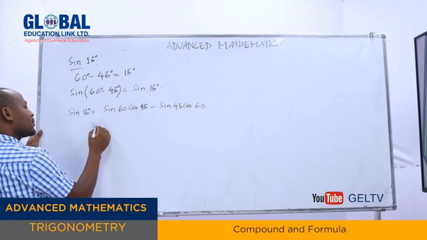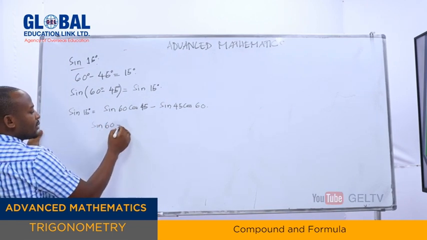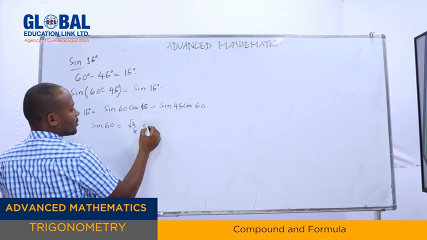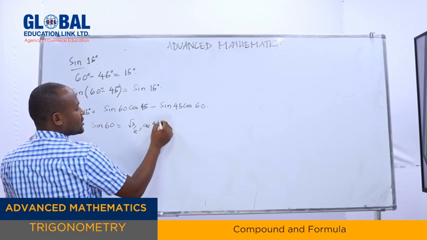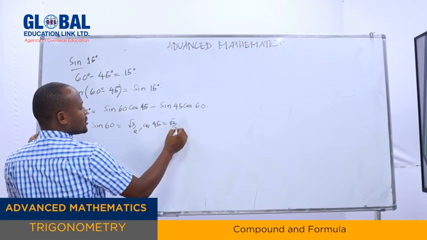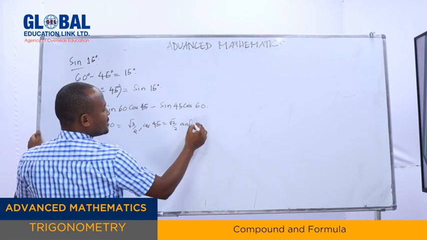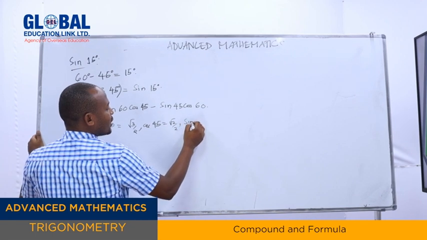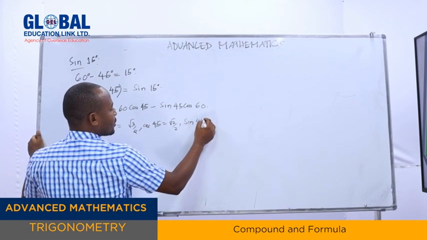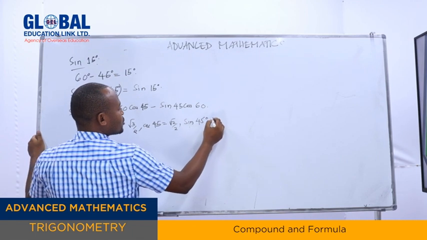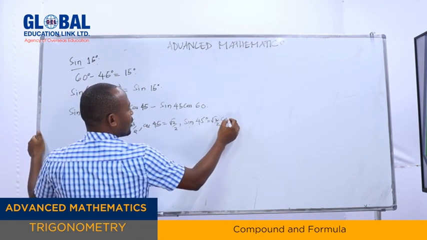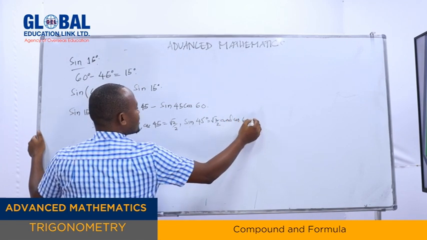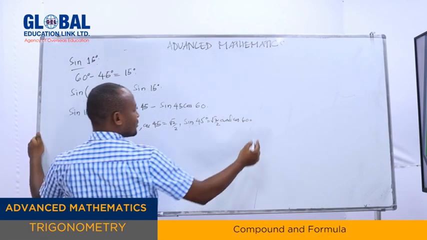And we know that sine 60 equals root 3 over 2, cos 45 is equal to root 2 over 2, sine 45 also is equal to root 2 over 2, and cos 60 equals a half.